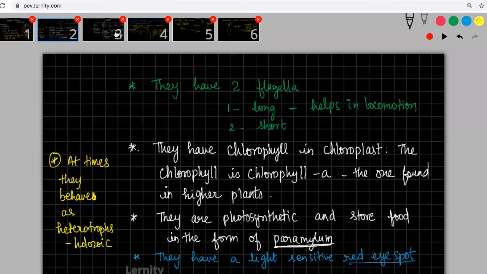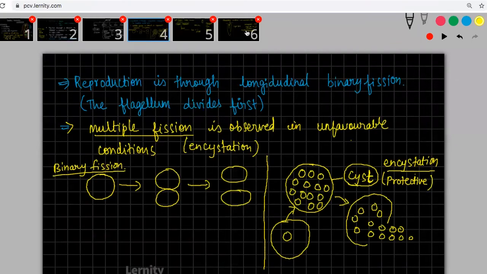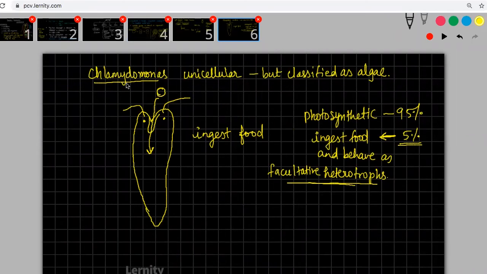One more thing that I wanted to tell you very clearly is Chlamydomonas is unicellular, but it is classified as algae because of some reasons.